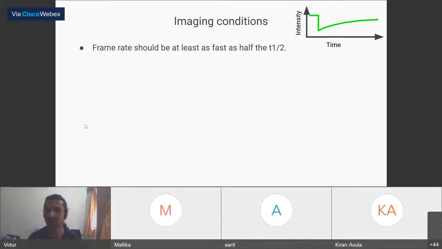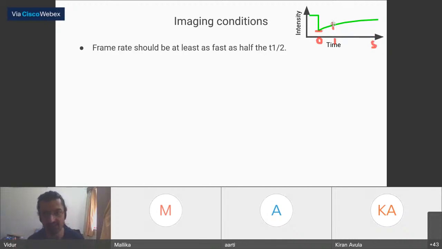So here you see an intensity profile over time. So you have to have some sense of what half-time you're going to expect from your experiment. If, let's say, this is your 0 second, and this is over time, this is 5 seconds. If your first frame is at 1 second, you've already crossed the half-life and thus you do not know what baseline you're starting from.